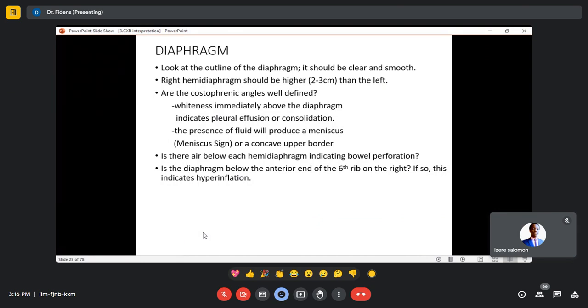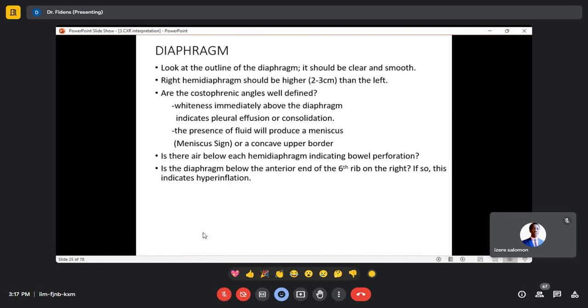Okay? Excuse me. In some literature, they don't say sixth, they say seventh. Exactly. In some literature, they say the seventh one. But even for the seventh one, it is not 100% true. That is hyperinflation. But even when the patient has done a deep inspiration, the sixth, even the seventh rib can be above the diaphragm.